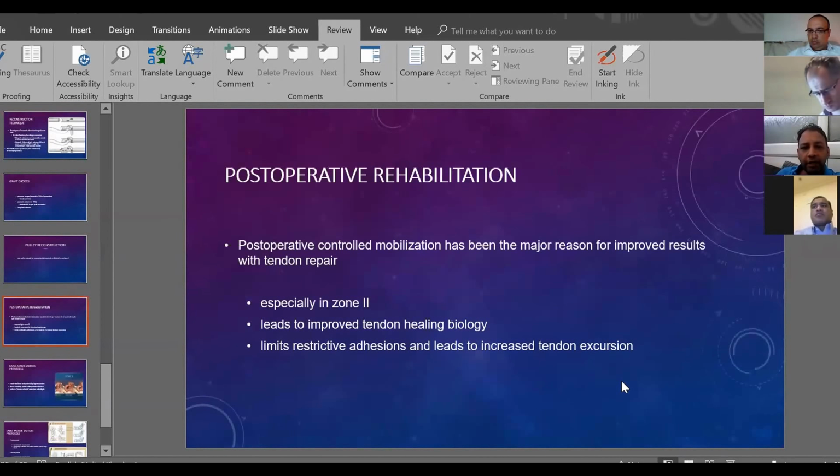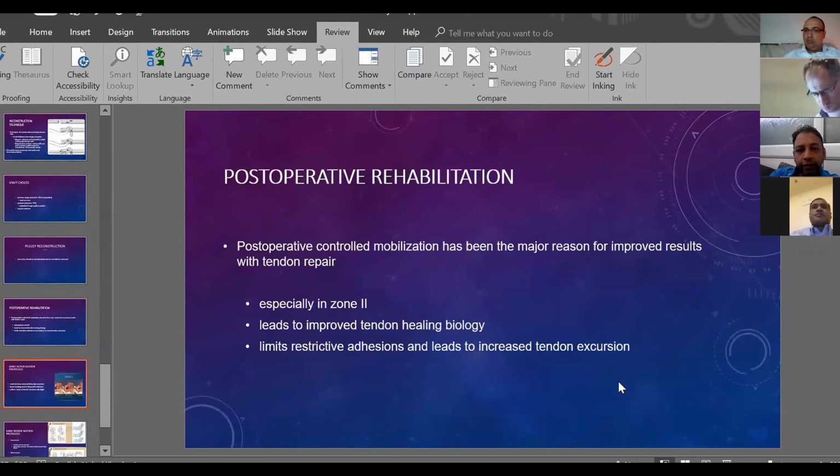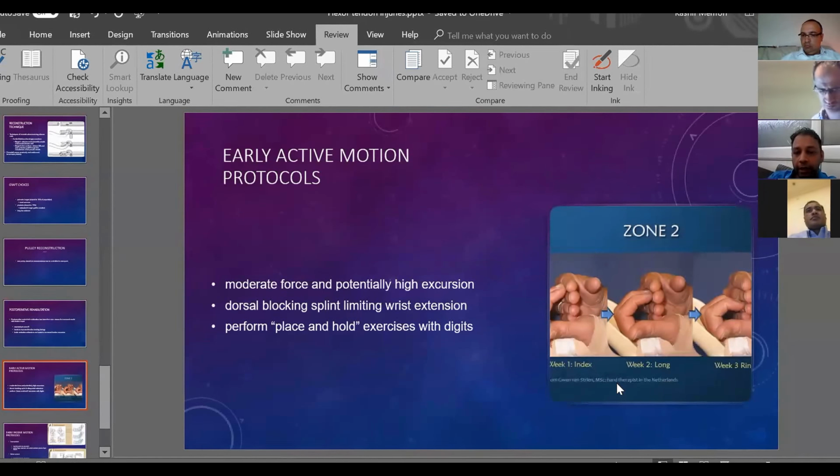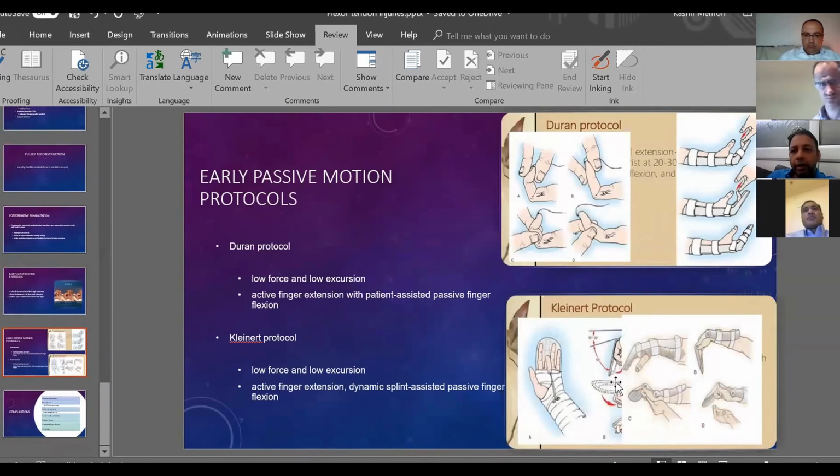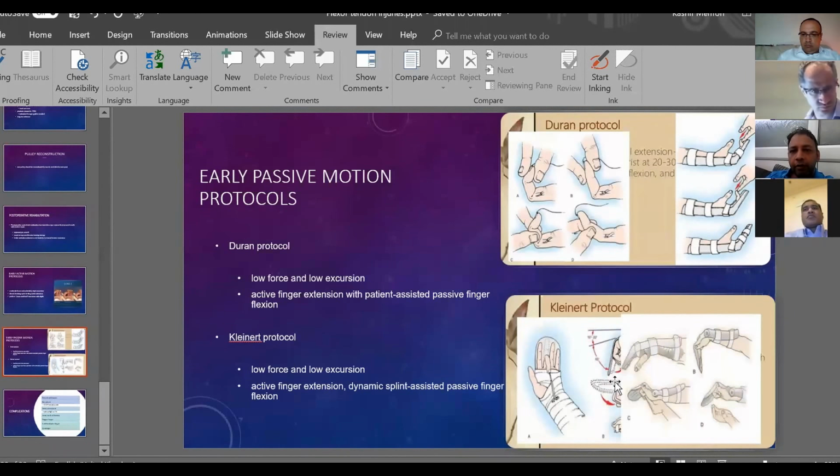So postoperative rehabilitation, early controlled mobilization is very important and gives very successful results. There are quite a few different protocols, but the most common protocols used are the Duran and the Kleinert protocols. The Duran protocol is a low force and low excursion protocol, and in this protocol, the patient does active finger extension with patient-assisted passive finger flexion.